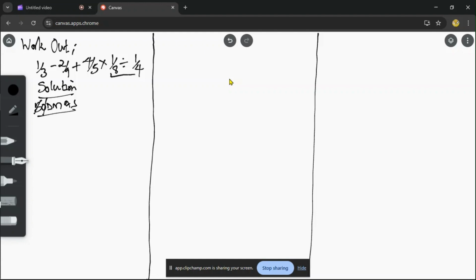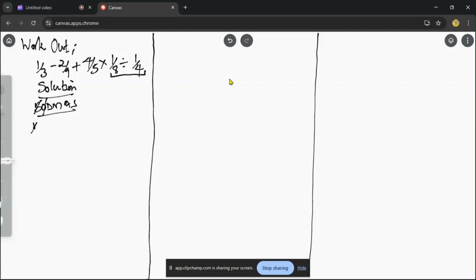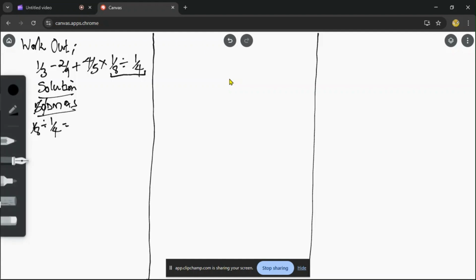So I'll pick the two numbers that are on either side of division. 1 all over 8, I am dividing by 1 all over 4, which is the same as 1 all over 8 multiplied by the reciprocal. The moment I replace the division sign with a multiplication sign, I write the reciprocal of this. It will be 4 all over 1.